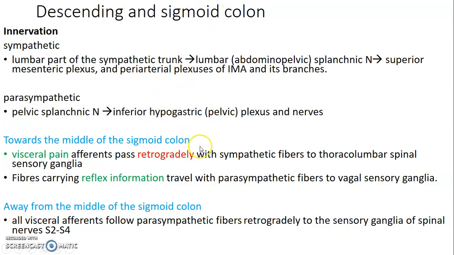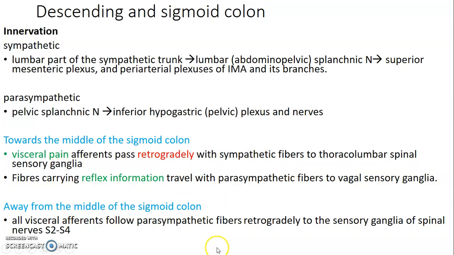Towards the middle of the sigmoid colon, visceral pain will pass retrogradely, and reflex information is carried via parasympathetic fibers. So pain retrogradely is carried through sympathetic fibers, while reflex information is carried via parasympathetic fibers.